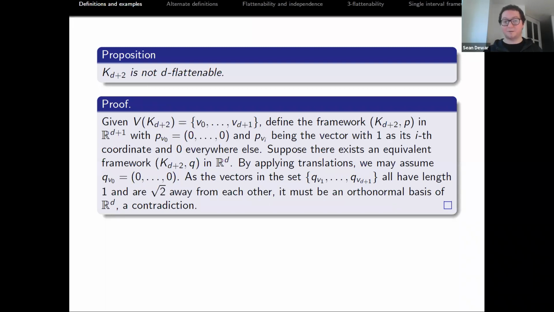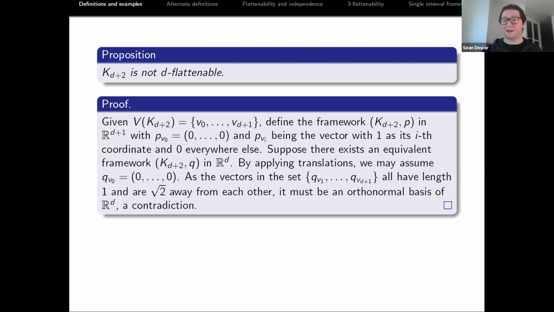There are other ways of doing it. Looking at it now, it's probably not the best method. I think another one is you just say that you take the framework in R^(D+1) where every edge has length 1, and that cannot be realized in R^D. That's an alternative way. In fact, there are quite a lot of them that can't be realized in lower dimension.